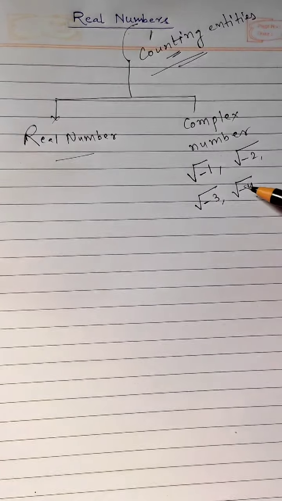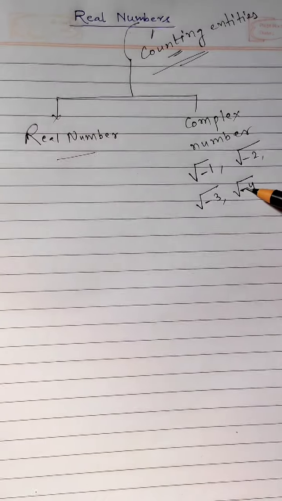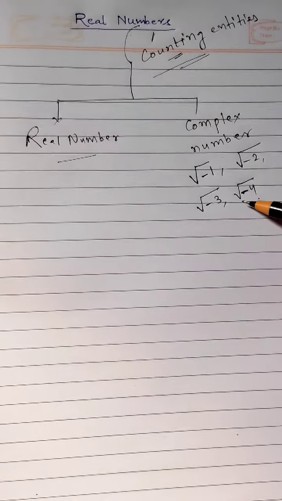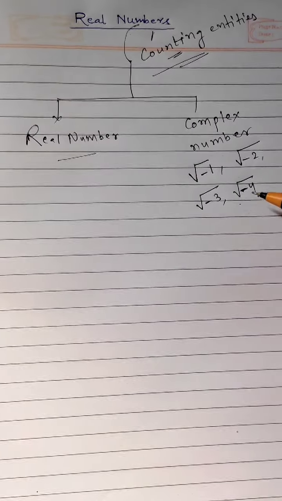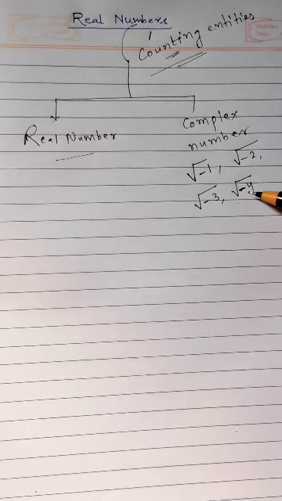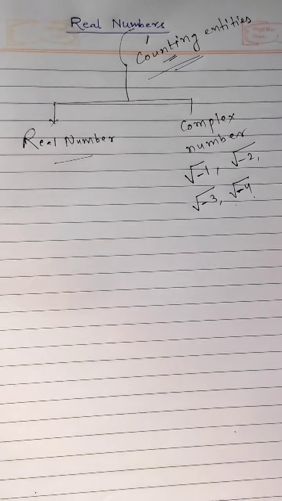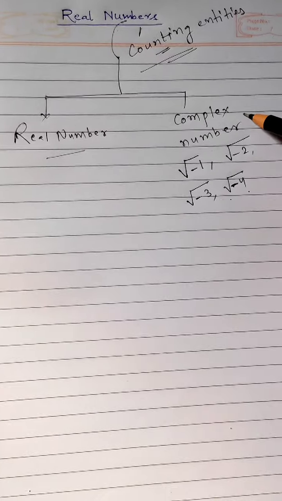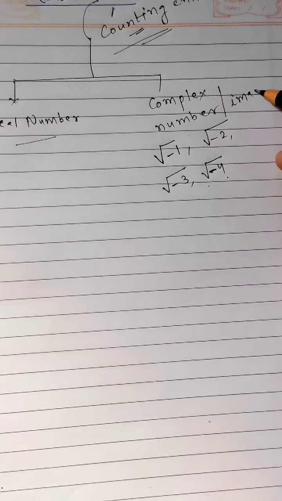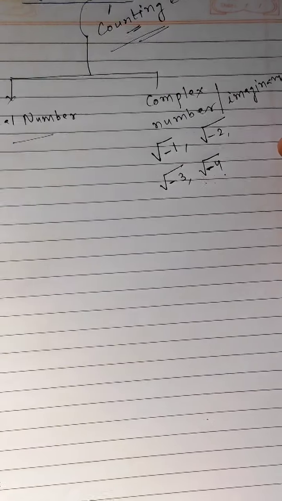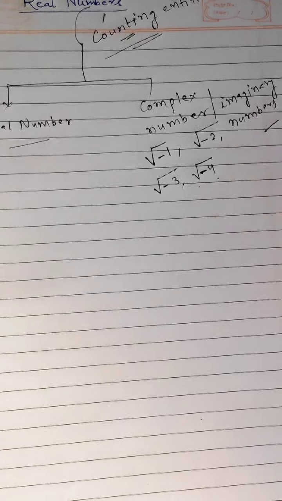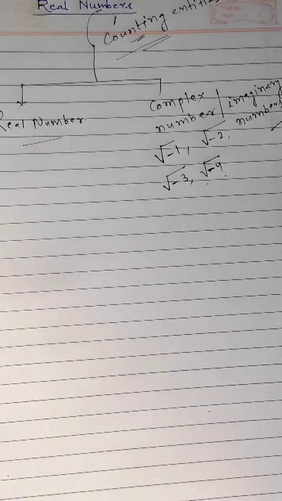But when it comes to a negative sign under the root, it is not defined. We can never find the value of the negative roots. Clear? So that is why these are also called imaginary numbers. Clear?